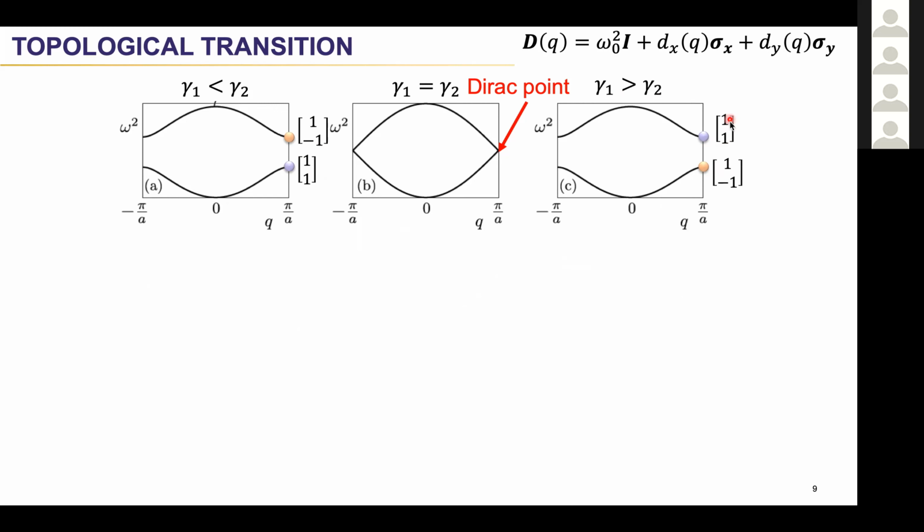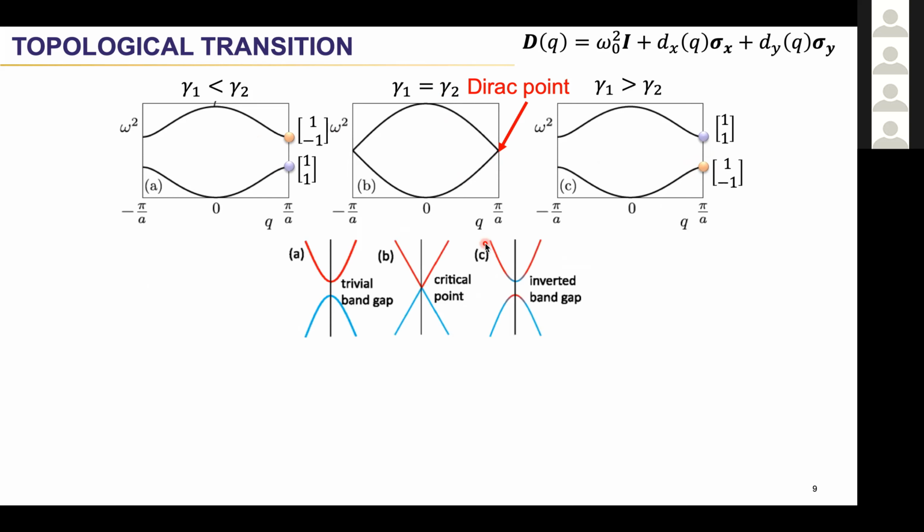So the band gap in this configuration is inverted compared to this band gap. Going from this configuration to this configuration, we must close the band gap at some point, which is basically gamma 1 equals gamma 2. And this is also known as the Dirac point, where these two bands merge together.